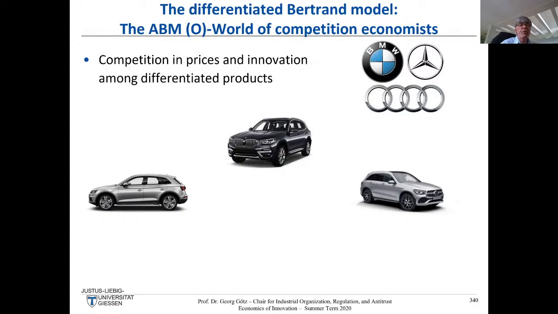So what you have here is differentiated products, and we assume that these firms compete in prices, like Bertrand competition, however not among homogeneous but among differentiated products. And of course, these are strongholds of innovation. There will be a lot of innovation, both in terms of product and process innovation.